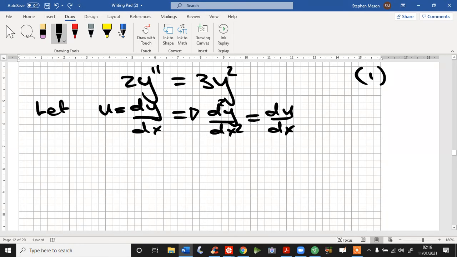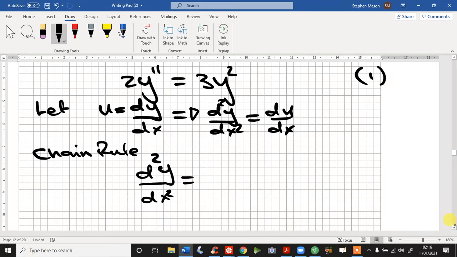So what we do is we use the chain rule, and I'll write this down. We use the chain rule to expand this second derivative. d squared y by dx squared equals du by dx. So in actual fact, what this becomes is d squared y by dx squared equal to du over something times something over dx.